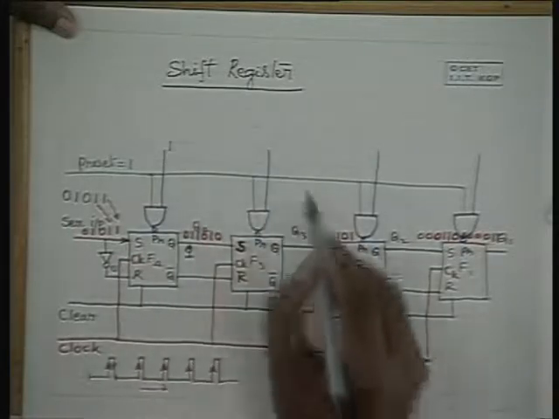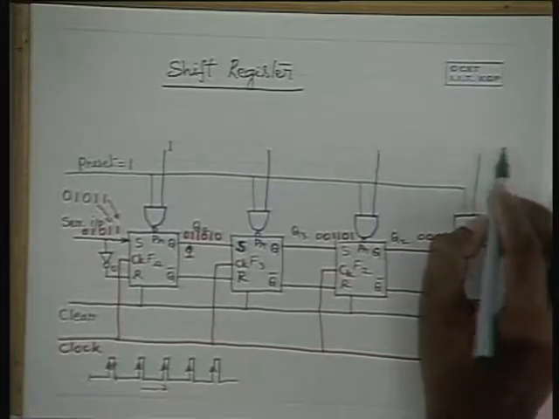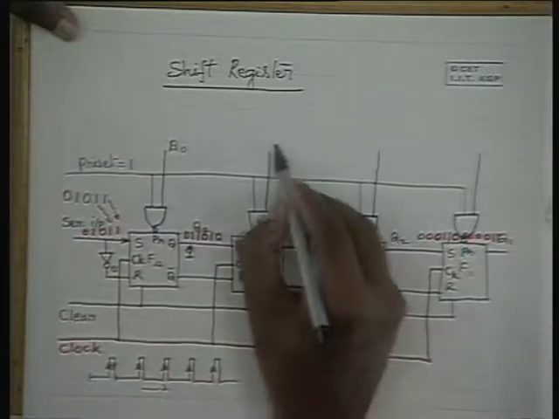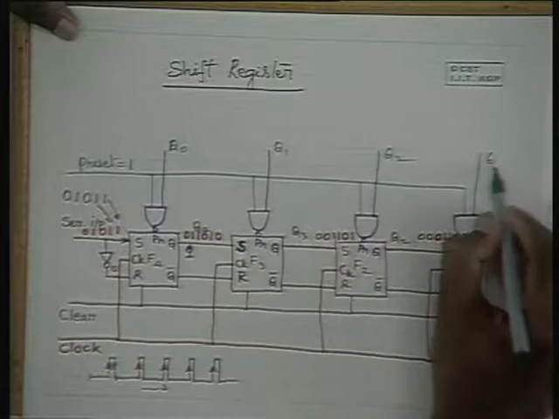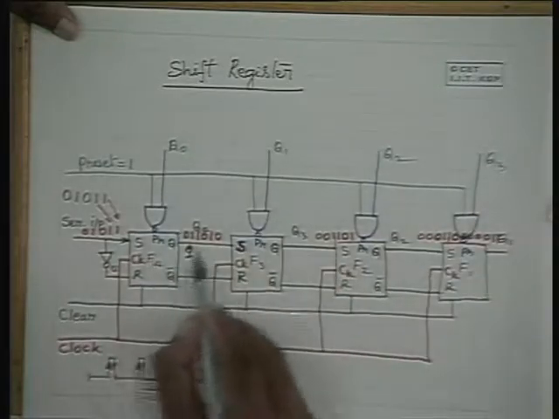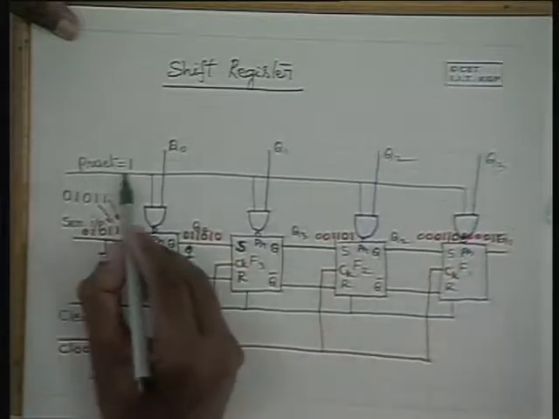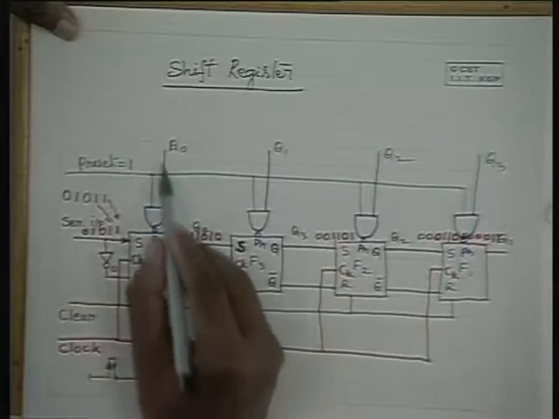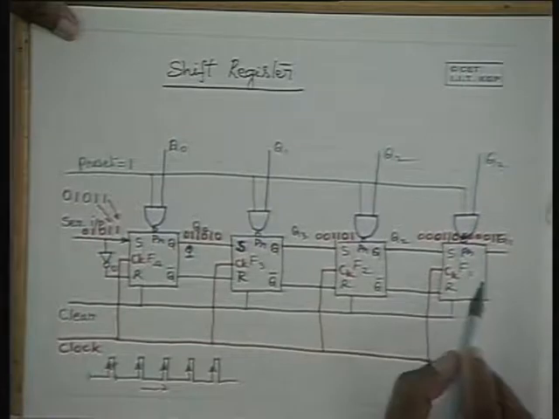Therefore, these inputs can be used for loading the data into the shift register. Say this is the Q0 input, Q1 input, Q2 input and Q3 input. So these inputs get loaded to the respective Qs if preset is a 1. If preset is a 0, whatever inputs you apply, they cannot get loaded into the shift register.